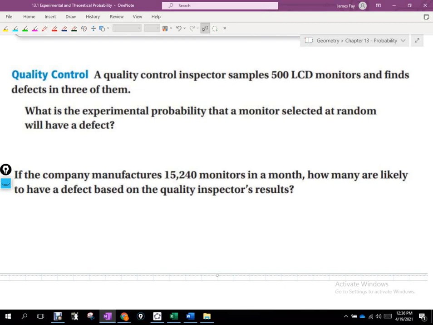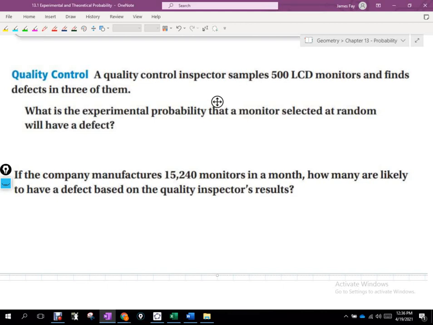They all have a quality control group that takes samples off of their line of manufacturing and tests them. So this one is LCD monitors. Now, they don't have the time and resources to take every LCD monitor that they make and run it through a test to make sure it's working.